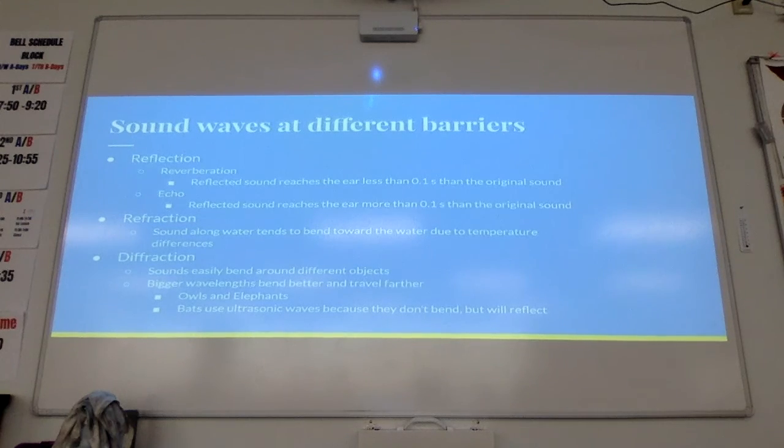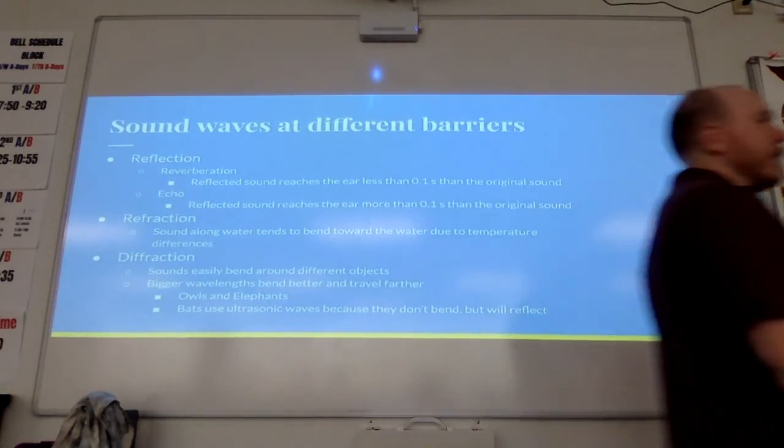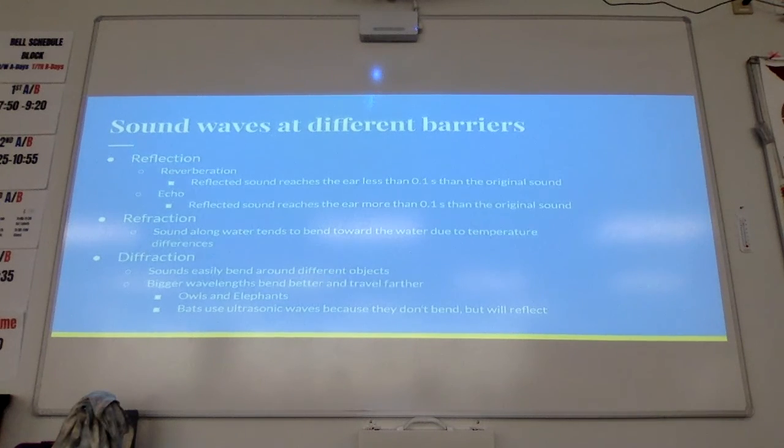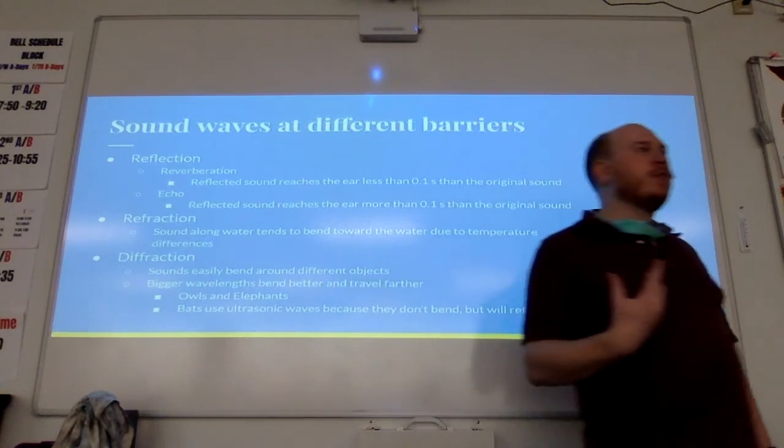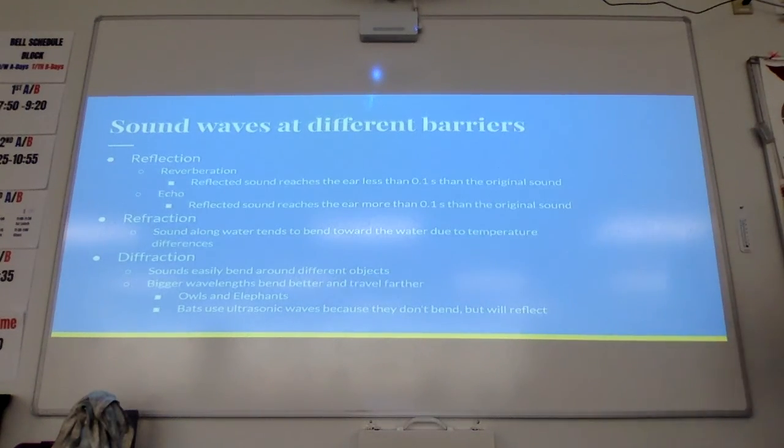Sound is really good at diffraction. And depending on who you are, you might use this as an animal, to your evolutionary benefit. Elephants and owls use really low wavelengths because they bend really easily. So owls and elephants use this to bend sound around different things.